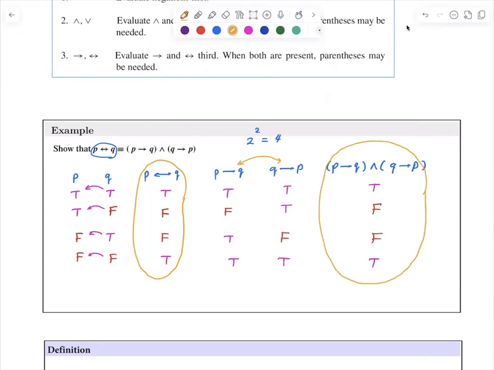The very first value is true, the second is false, the third is false, and the last one is true. So we just showed that P if and only if Q is the same as P then Q and Q then P. Now remember that the order is not important. So again, wherever you see P if and only if Q, you can substitute it using P then Q and Q then P.